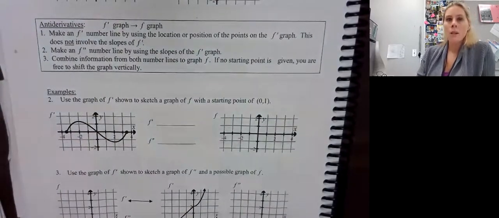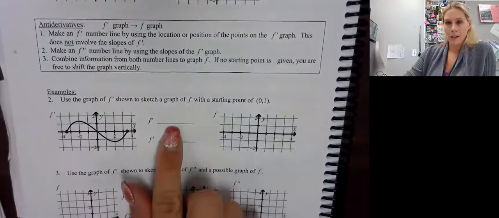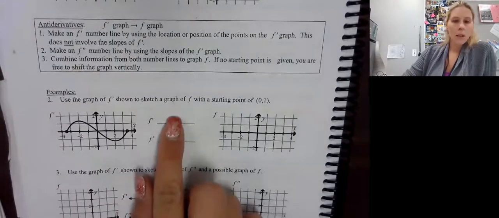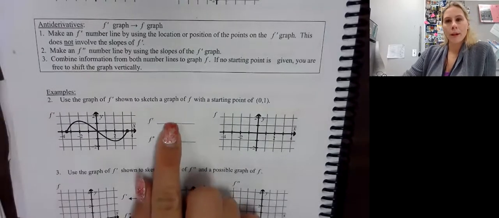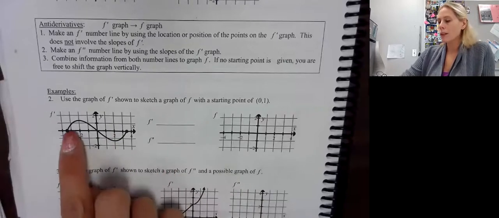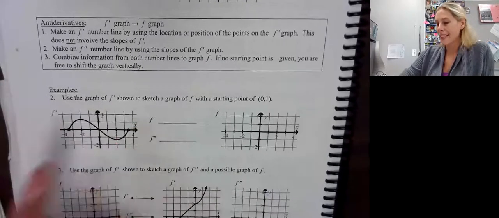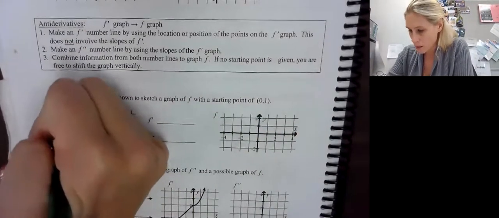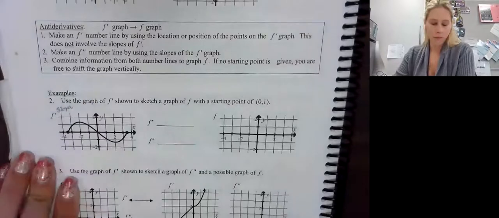Okay, so what we're going to do is make our number line here. And remember, when we do the derivative, to make our sign here, we want to know where the slope equals 0. Well, the slope equals 0. This is the graph of the slopes, right?